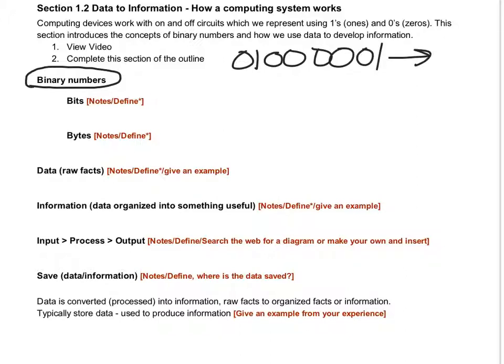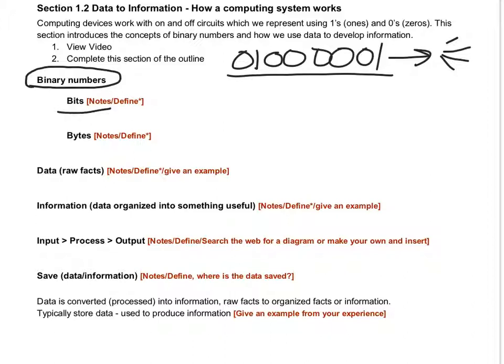It might represent a dot on the screen, it might represent a letter, it might represent part of a sound, maybe a dot on a frame in a video or whatever. But we use bits, binary numbers, to represent what's in the computer.